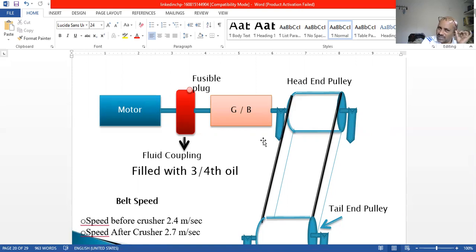Before and after, it varies by 0.3, whenever loaded and whenever unloaded. So there will be a difference. Speed is less whenever it is loaded. Whenever the speed is fast, there is no material on that belt. Okay.